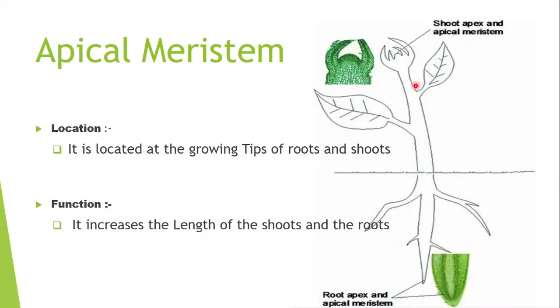This is your stem part. Shoot means the apical meristem is present at your aerial parts. The term aerial means growing tips of root and shoot, and their function is to increase the length of the shoot and root.